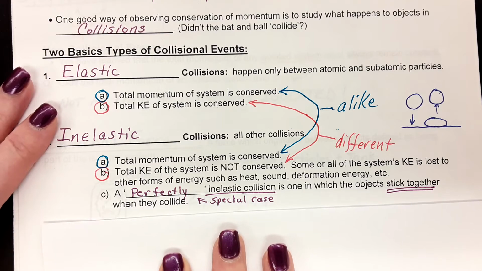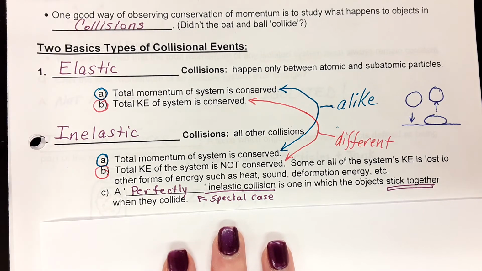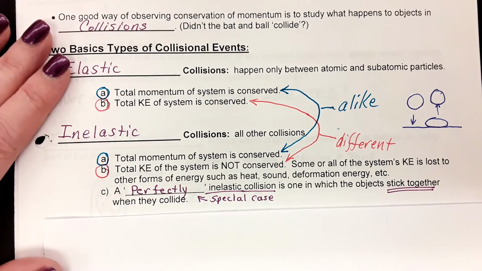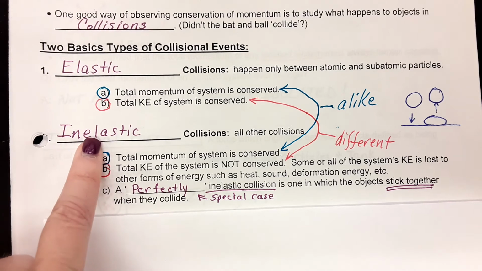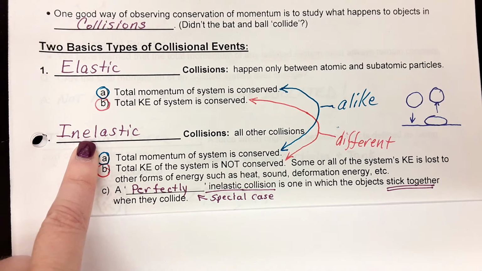Okay, there is also a special case for the inelastic collision, and that is the perfectly inelastic collision. In this special case, the objects actually stick together. Now, in some inelastic collisions, they can also bounce off each other.